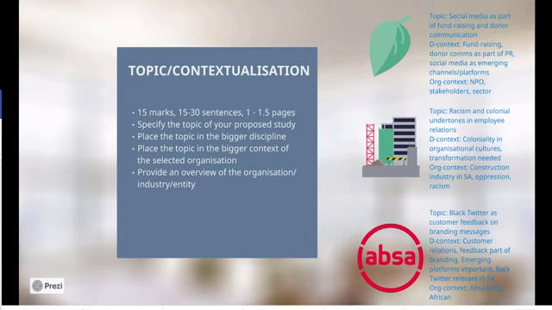Now, if we look at our 3 examples again, the urban crop community example, here the topic could be social media as part of fundraising and donor communication. The disciplinary context here is that fundraising and donor communication is part of PR, and social media platforms can be seen as kind of emerging channels or platforms of organizational communication.